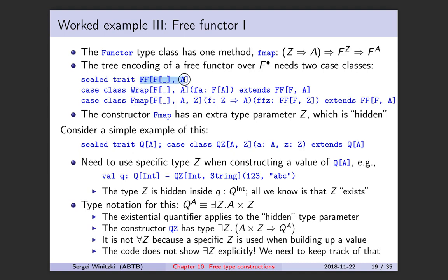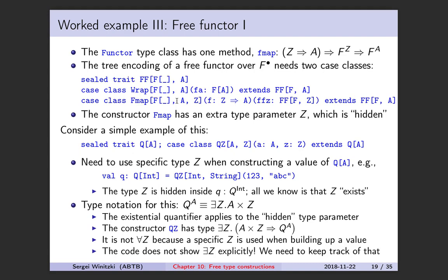Now, a trait must be there. This is a Scala syntax for disjunction. So I need a disjunction. So one case class wraps a value of f of a, and the other case class wraps this. So it's going to denote the result of applying fmap to a free constructor.